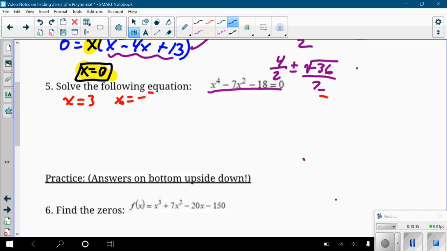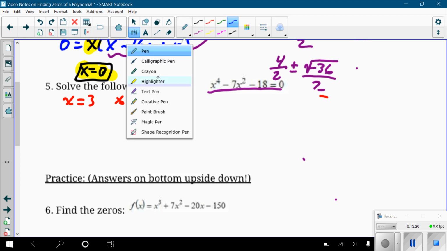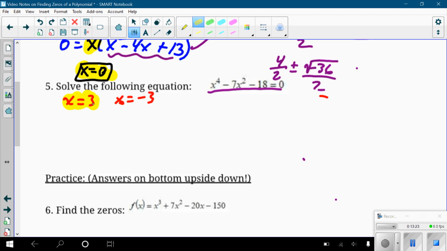I'm going to pretend like I just saw one of these. I'm going to say I just saw 3, and I'm going to use 3. So I'm going to do my synthetic division here real quick. Okay, so I'm going to divide using the 3. My coefficients, be careful. They're 1, 0, because there's no x cubed, -7, 0, because there's no x, and -18.